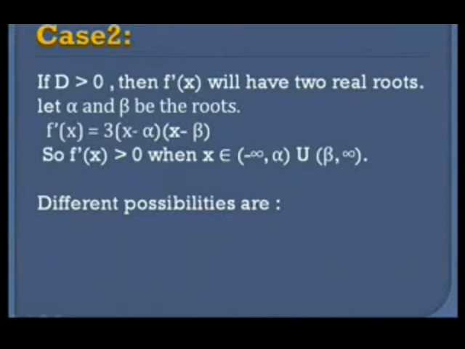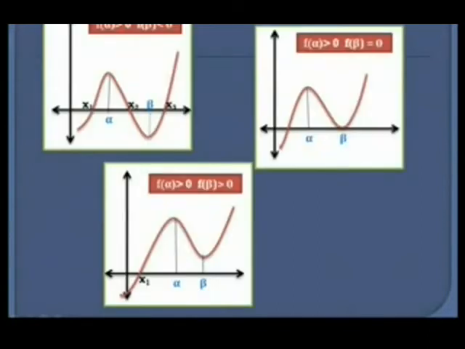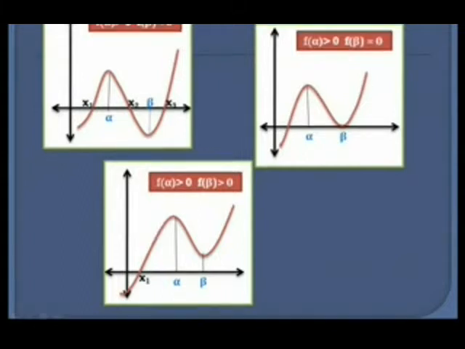Now we get different possibilities. This is the first possibility, where we see that f(alpha) is greater than 0 and f(beta) is less than 0. Let us say that x1, x2 and x3 are the three roots at which this curve intersects. Now we can get different cases for discriminant greater than 0.